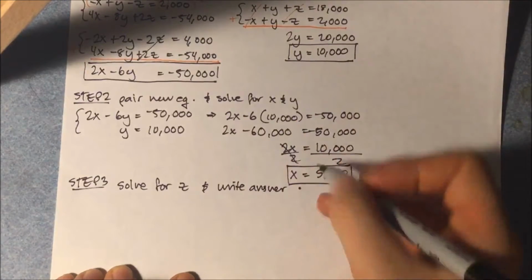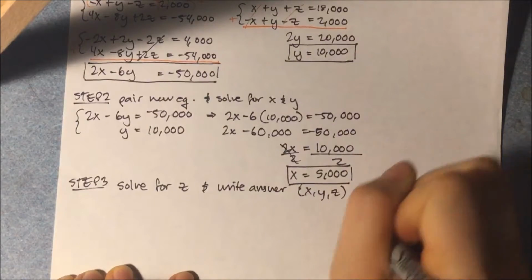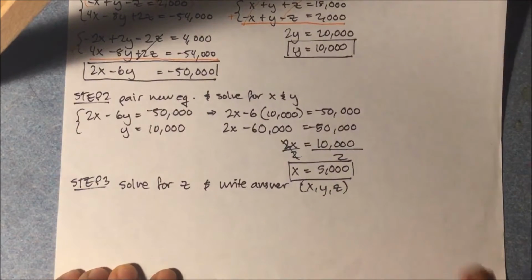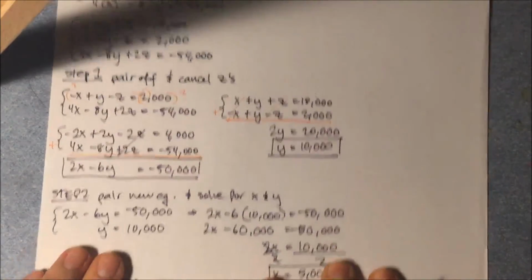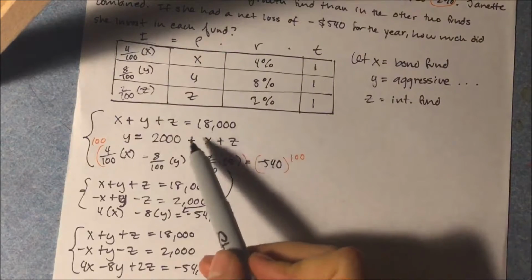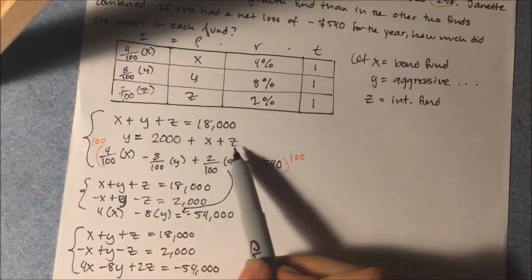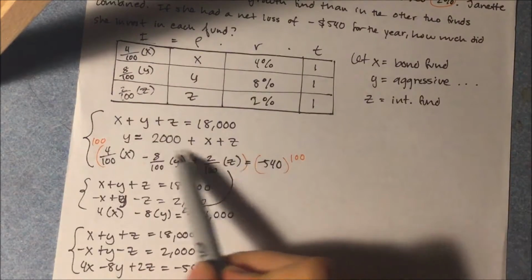Normally you'd write your answer as x, y, z, but because this is a word problem, we're going to have an actual sentence in the end. Okay, so if I go back up to the top, I have this nice equation right here, where everything's kind of small numbers. So I'm going to plug my values of x and y into this equation to find z.